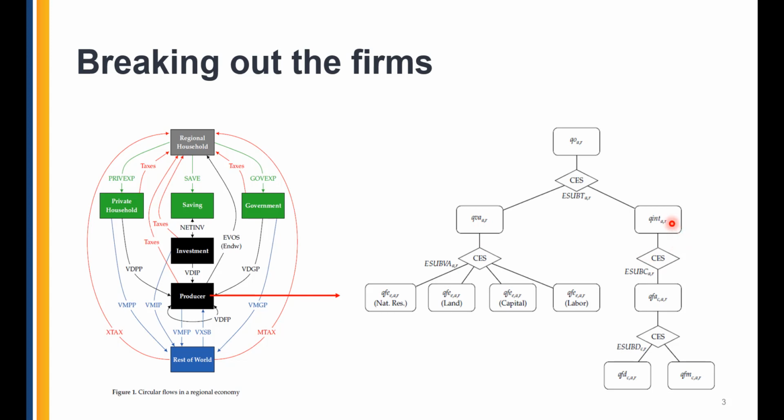The same thing is going on this side of the production tree. We have the quantity of intermediates, and down here we have the quantity of individual commodities, right? And again, all of these lowercase q's are quantity variables, and they are percentage change.